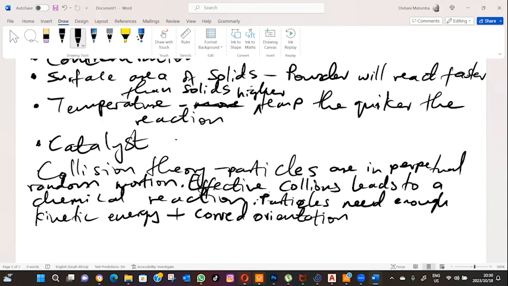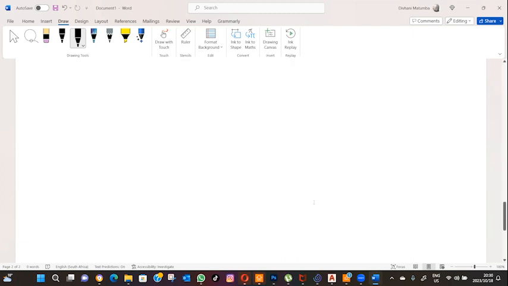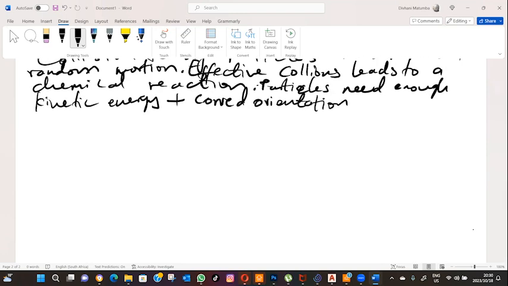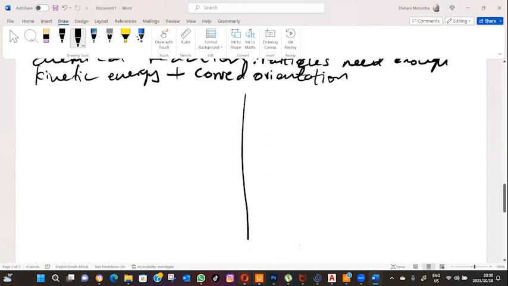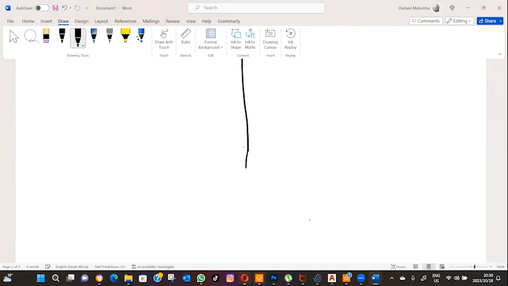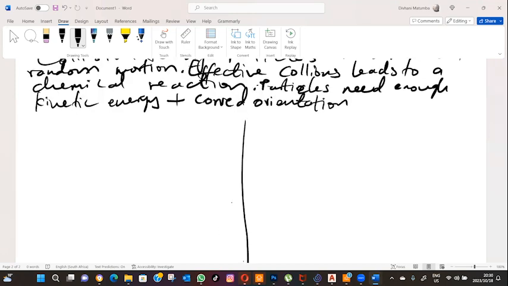So now, to demonstrate what I was saying graphically, I'm actually gonna divide our board into two so that we have enough space. Okay, now guys, I'm gonna demonstrate what I'm saying graphically.